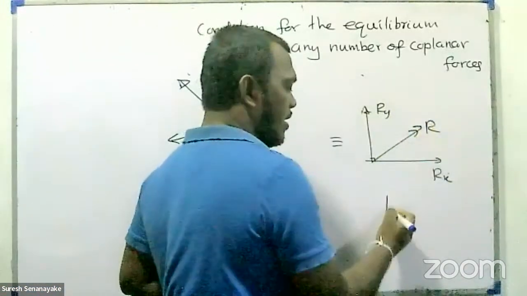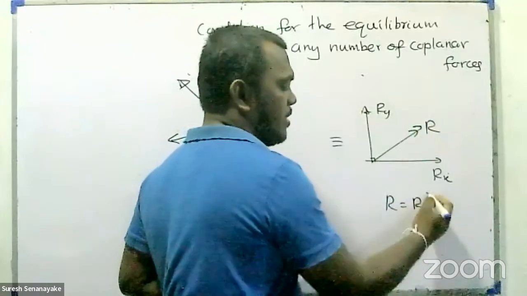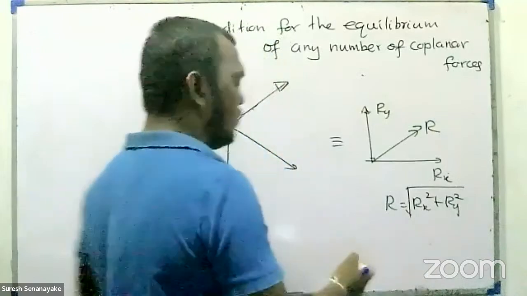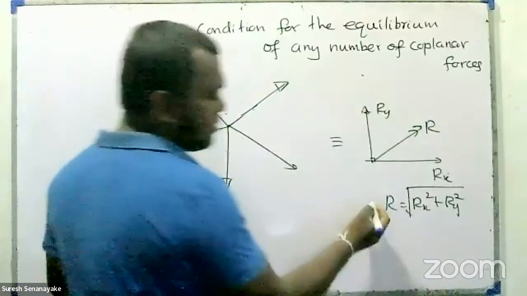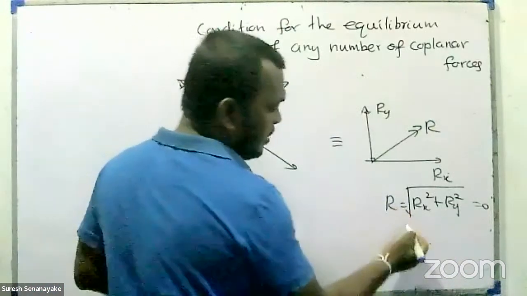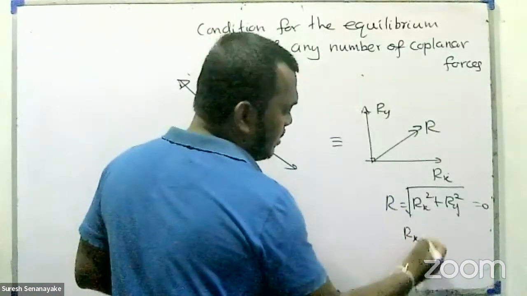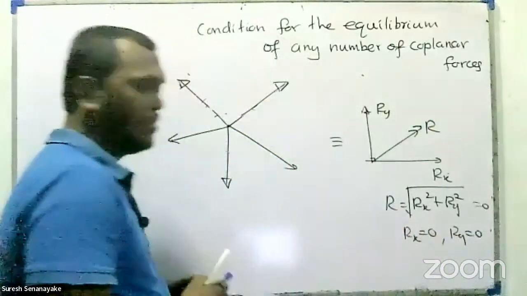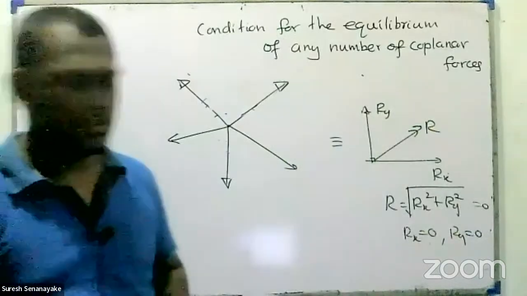So this R you can write as R equals the square root of Rx squared plus Ry squared. If it is in equilibrium, this R should be equal to 0. So both Rx and Ry should be equal to 0, not only one. Both should be simultaneously equal to 0, right?